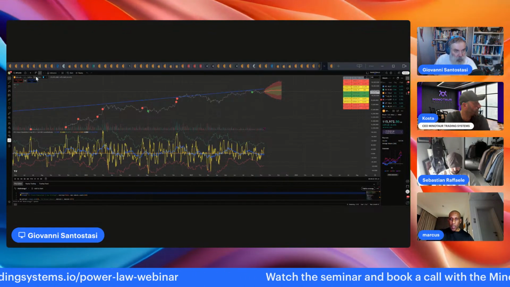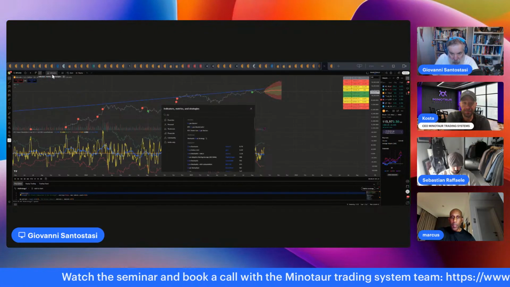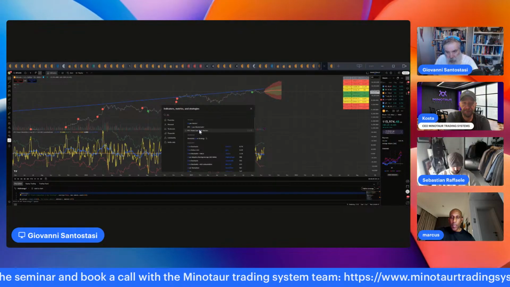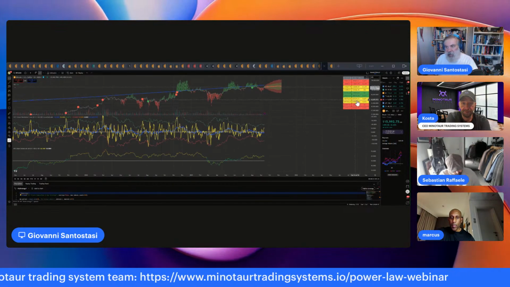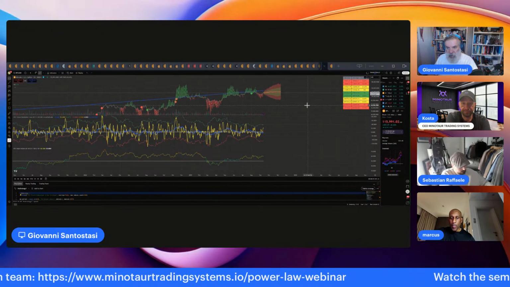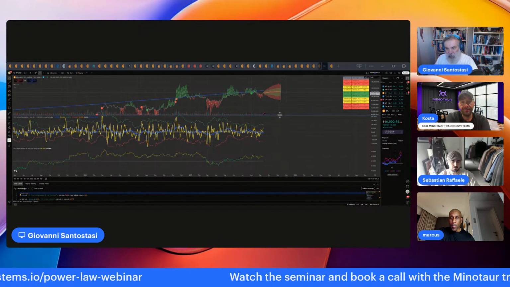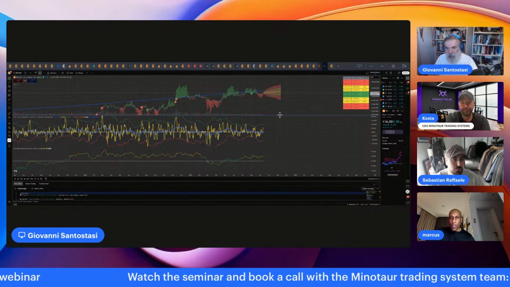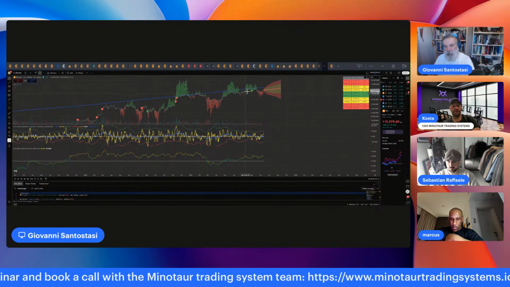I can even show you how that looks. They look like this. So these are daily power laws. What you're seeing here are these green and red vectors. When it's green, it means they are steeper than the power law.